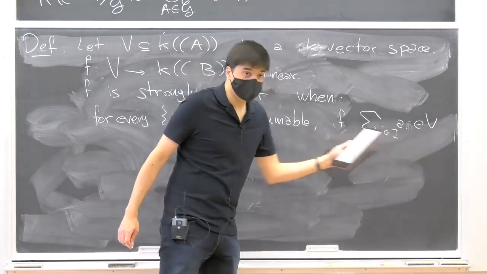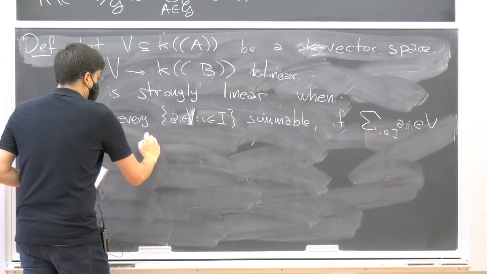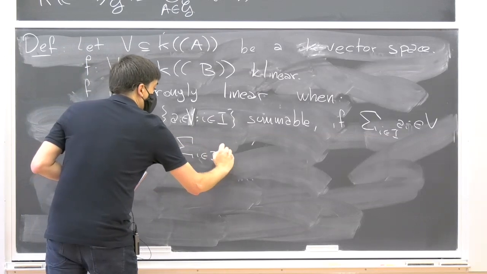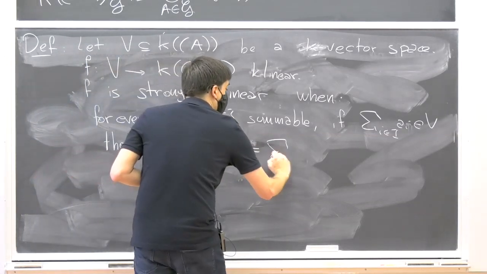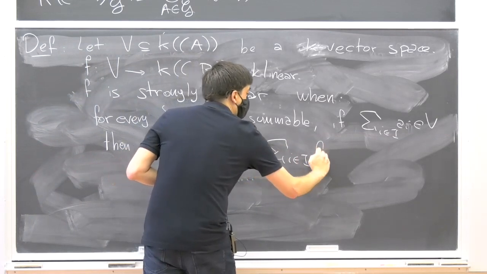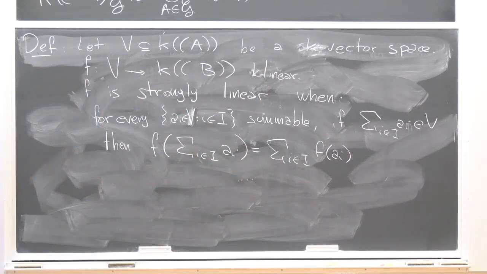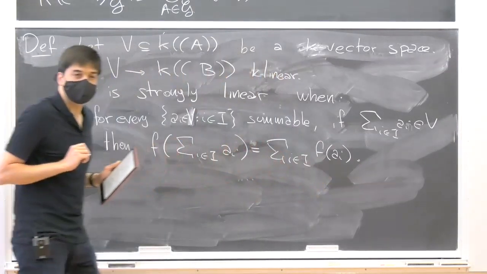If the sum is back in V, then F of the sum of the a_i is equal to the sum of the F of a_i. And that's my definition. Period.